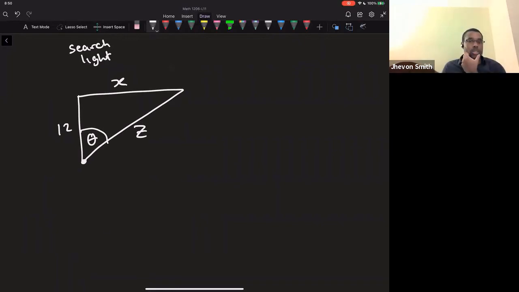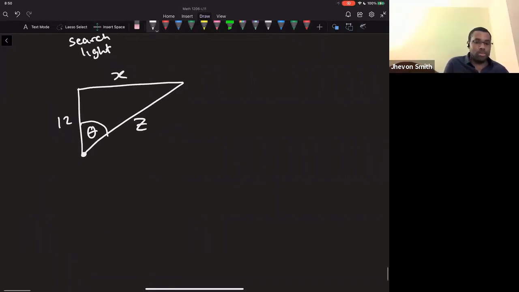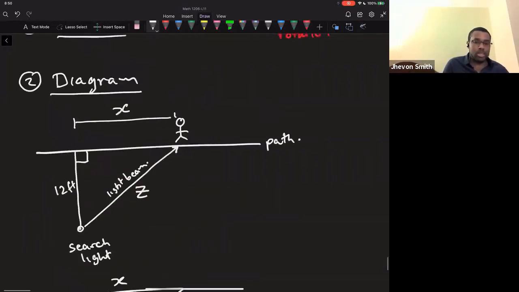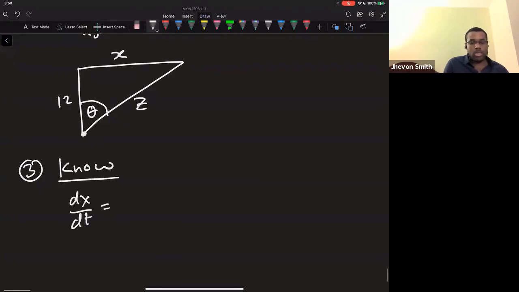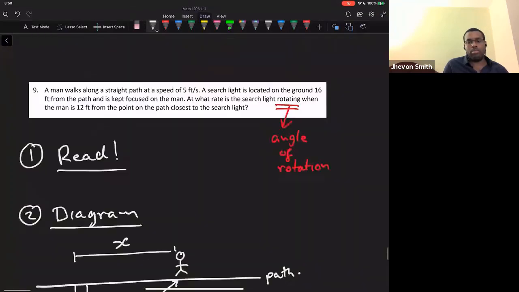Now we're in a situation of, how do we actually get this? This is 3. What do we know? Well, I know that dx dt is 5. What do we want? I want d theta dt.